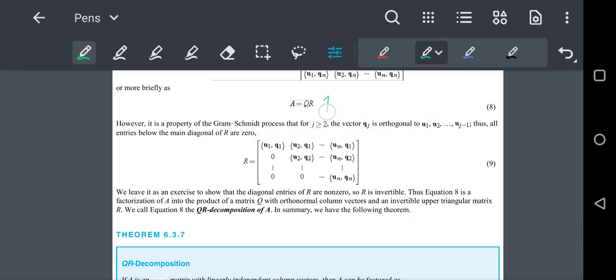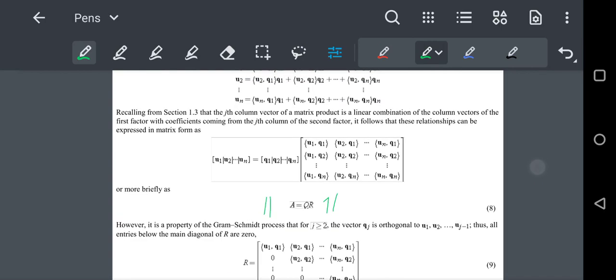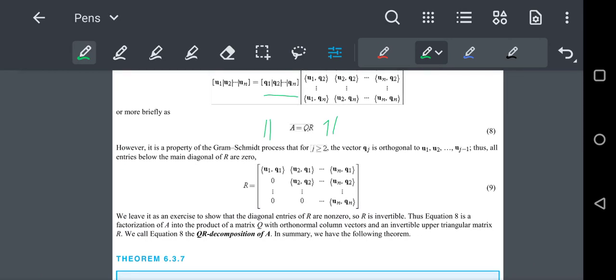So here A can be written as Q into R, where Q is the matrix of column vectors which we obtained with the help of the Gram-Schmidt process, and R is an invertible upper triangular matrix.